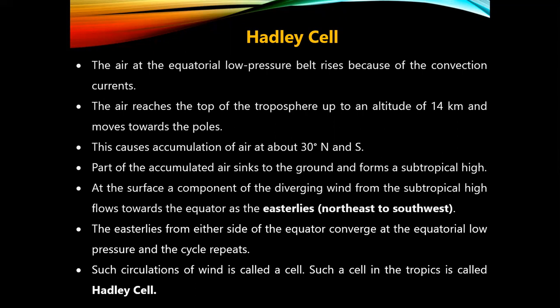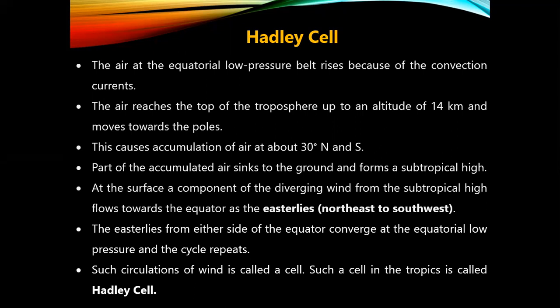This causes accumulation of air at 30 degrees north and south latitudes. Part of the accumulated air sinks to the ground and forms a subtropical high.